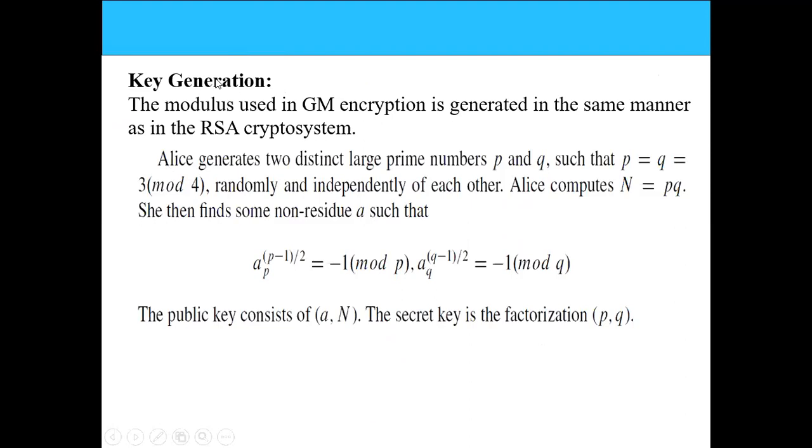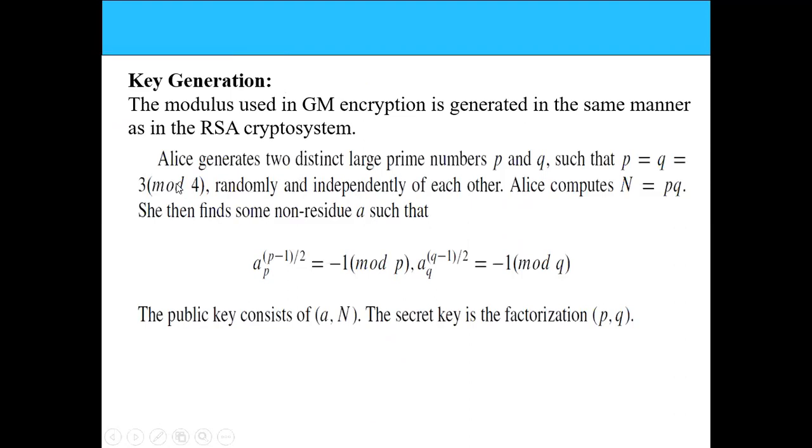Key generation: the modulus used in GM encryption is generated in the same manner as in RSA, like N is P times Q. Alice generates distinct primes P and Q such that P and Q are congruent to 3 mod 4.